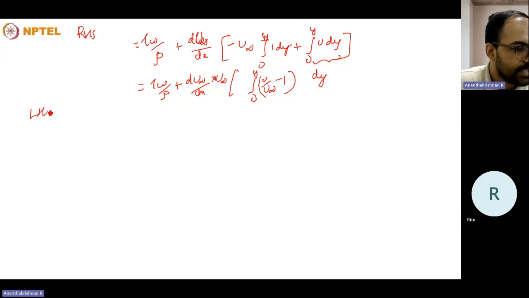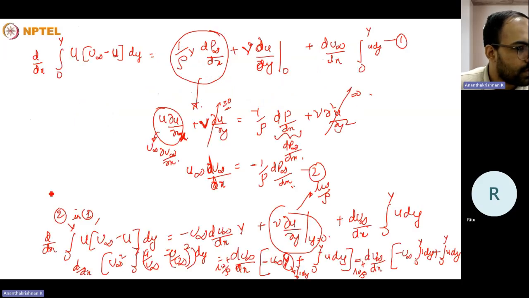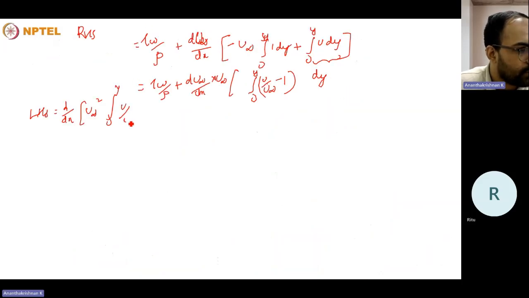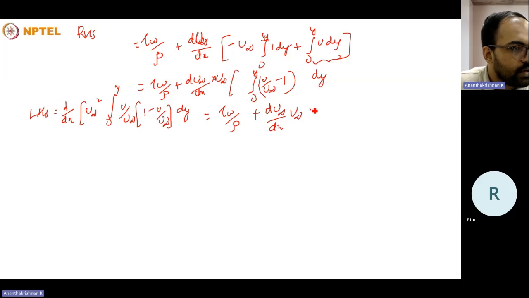And the LHS is the same. That will be d by dx of u infinity squared into integral 0 to y of u by u infinity into 1 minus u by u infinity dy, is equal to tau rho by rho plus du infinity by dx into u infinity multiplied by integral 0 to y of u by u infinity minus 1 dy.